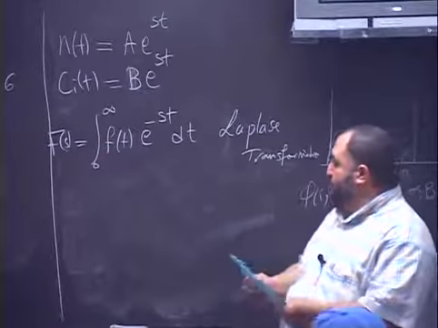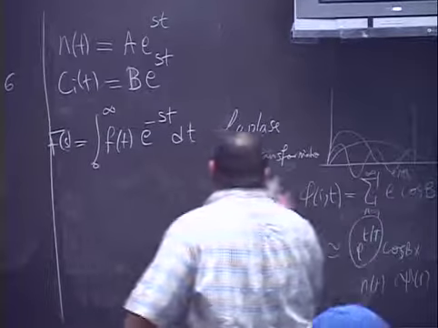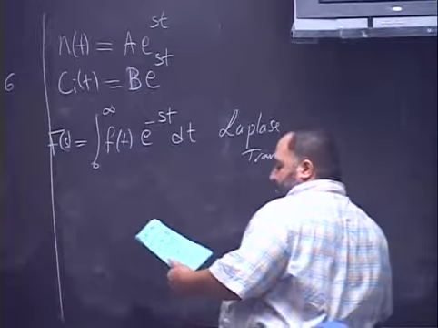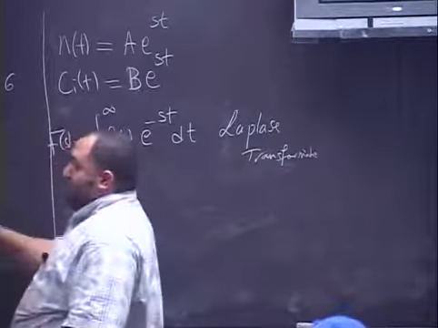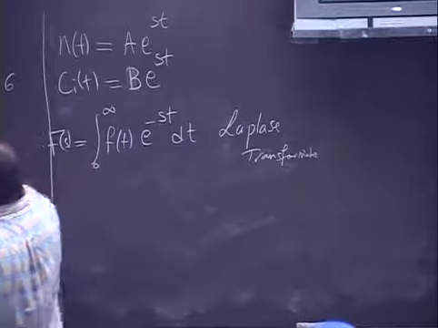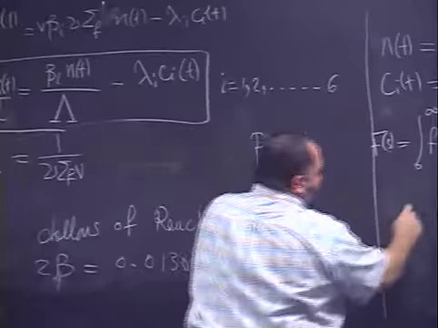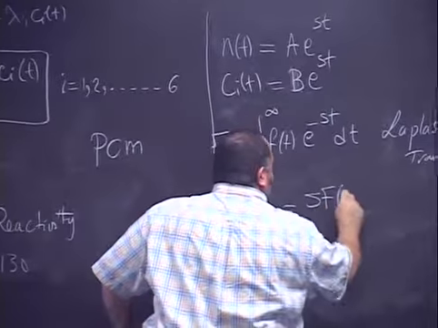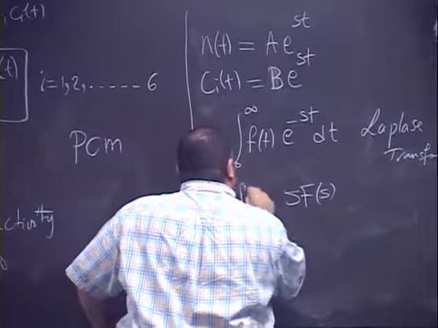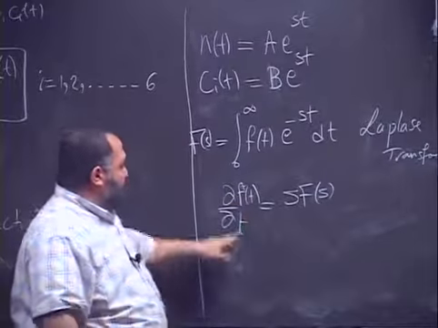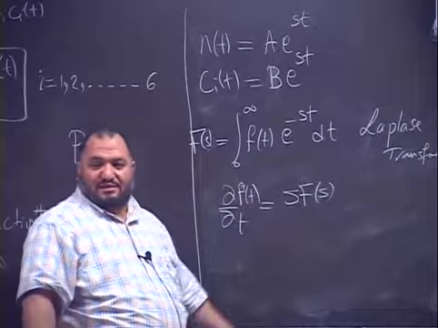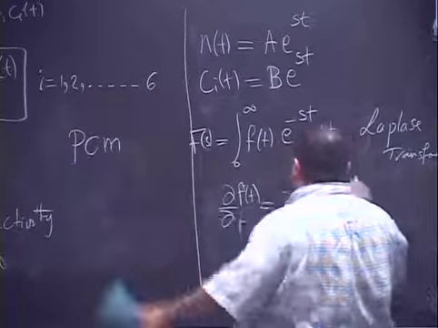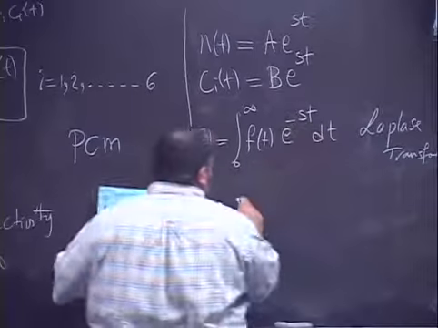So now, if you do this, you will notice that my first equation will be, if you remember Laplace transform, if you have d by dt for a function f of t, the Laplace transform is just s multiplied by f of s. Okay, guys, this is from the properties of Laplace transform. So dn of t by dt, the Laplace transform will be what?